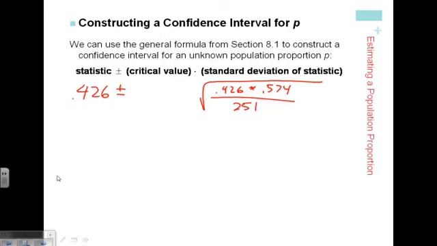I need you to get your probability tables out for a second. In the previous chapter, I said 2 for 95% confidence, or around 2, or just about 2. There's a table of critical values. Where is it?